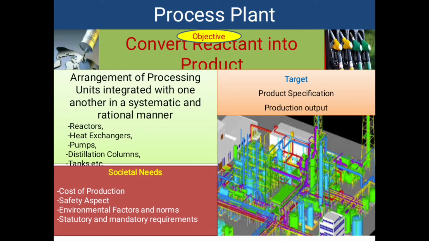The cost of production. When you are producing a product and launching it in the market, it should be within the buying limit of the customer. Suppose you are manufacturing a vaccine for coronavirus and launching it in the market, it should be at an affordable price. So to optimize the cost of production is our primary concern.